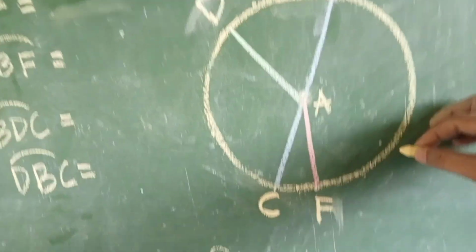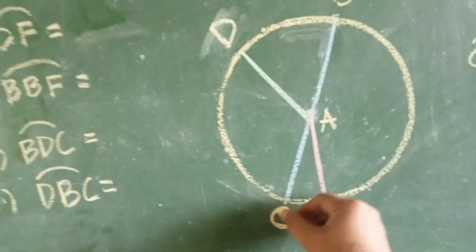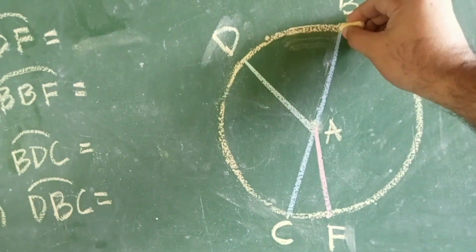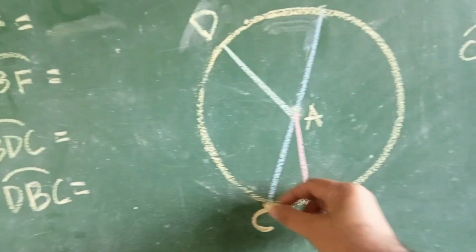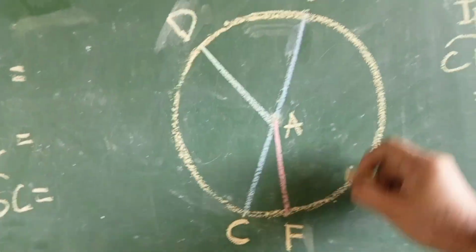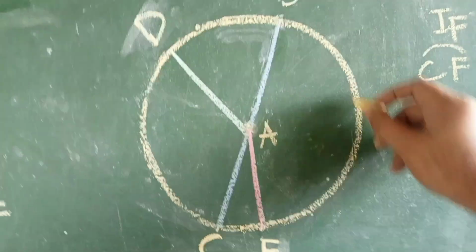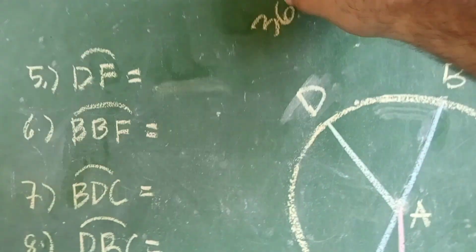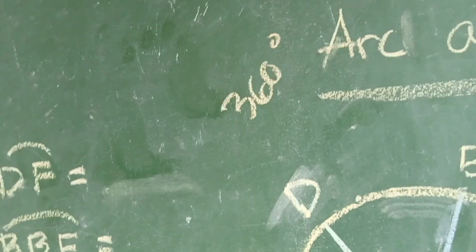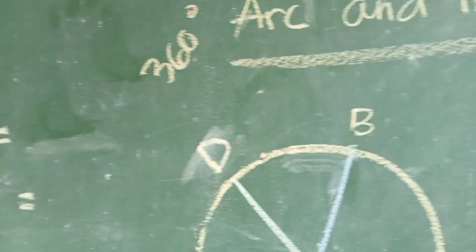And to add on, since it is a diameter passing through the center, this segment divides the circle, especially the circumference, into two equal halves. One complete rotation is exactly 360 degrees. The arc of a circle is measured in terms of degrees. Just remember that.